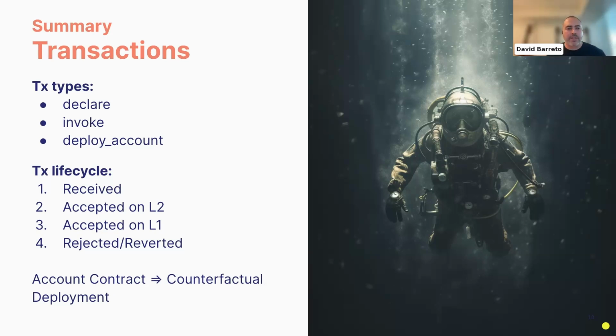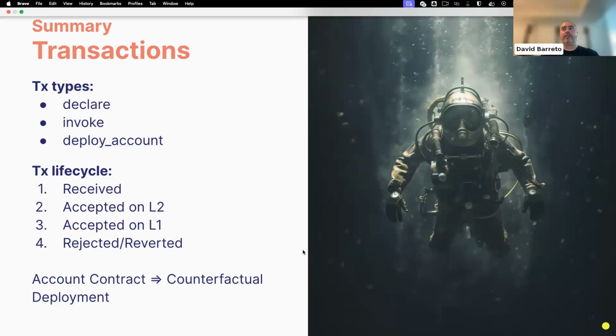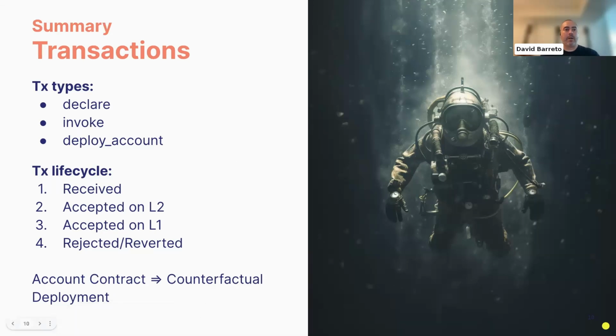Bernardo is asking, can the rejection only happen before L2 or can it also happen after it? It can only happen on L2. What could happen, one of the worst case scenarios, would be that maybe the validity proof is just not accepted on layer 1 for whatever reason. That would create a reorg of blocks, and it could be a big reorg because we send validity proofs every 2 hours, and in those 2 hours a lot of blocks have been created on layer 2.